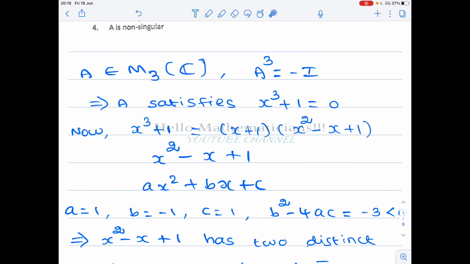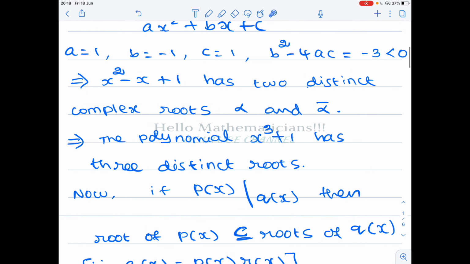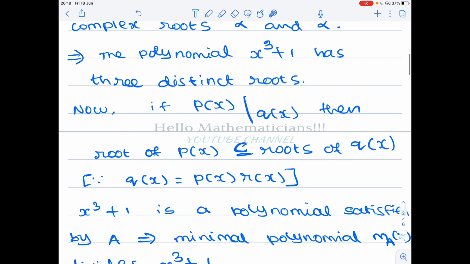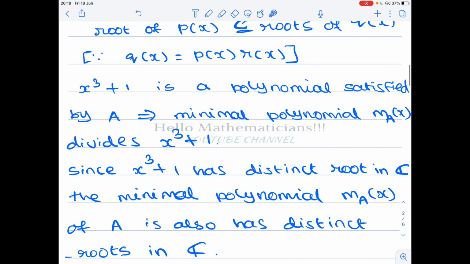And what we know regarding the minimal polynomial is that it divides all the polynomials satisfied by A. Therefore the minimal polynomial should divide x cube plus 1. Okay, so x cube plus 1 is a polynomial satisfied by A.